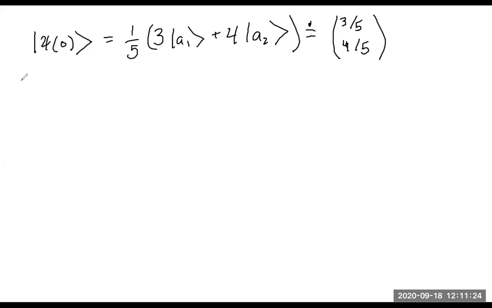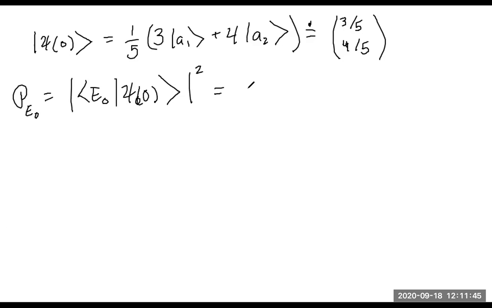All right, so the first question is, what is the probability of measuring the value E naught? That is going to be the absolute value of the inner product of the eigenvector E naught with psi at time 0, all squared. E naught had a 1 over the square root of 2 out front, 1 minus 1. They're both real, so I don't have to worry about any complex conjugates.